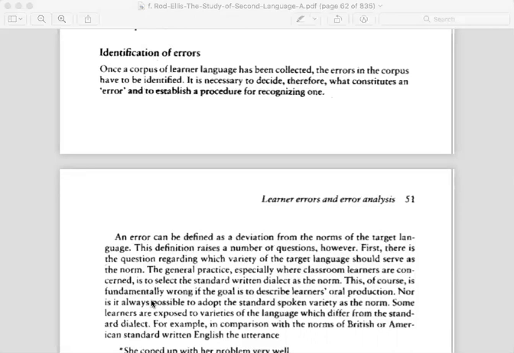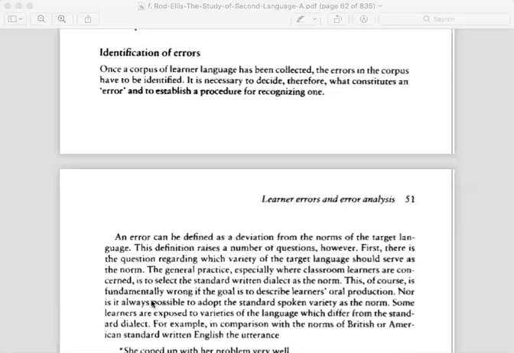So today we are going to look at the second step, which is identification of errors. As for the first step, we talked about collection of a sample of learners' errors, and we also came to know how to collect data from the sample and what the different kinds of samples are according to the size from which we can collect corpus or data for our analysis, right?